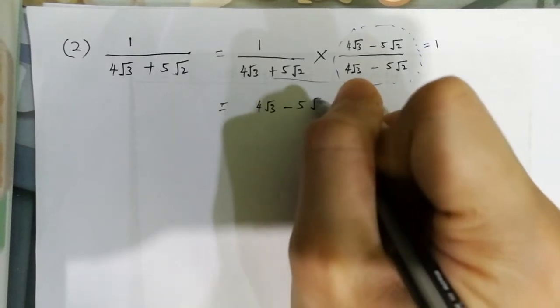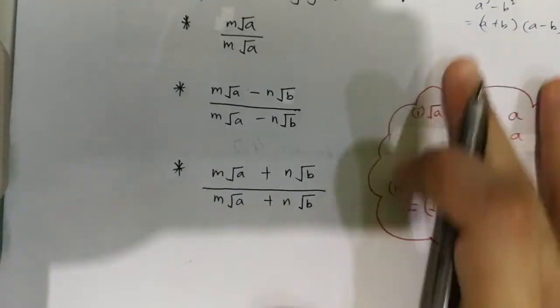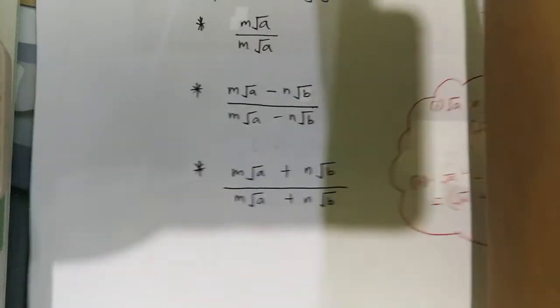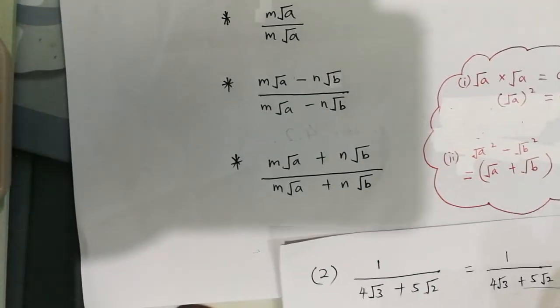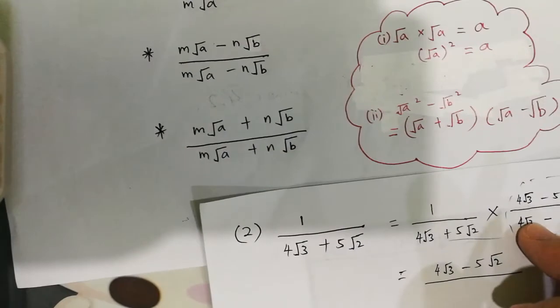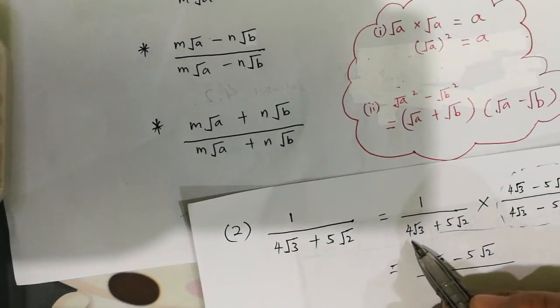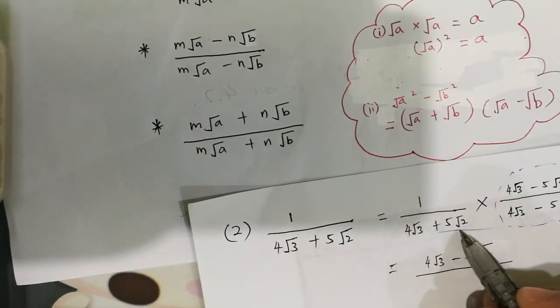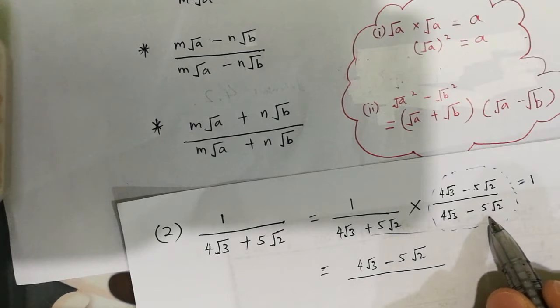root 5, root 2. Okay. Down here, we follow this. So I will have A plus B, A minus B. See?